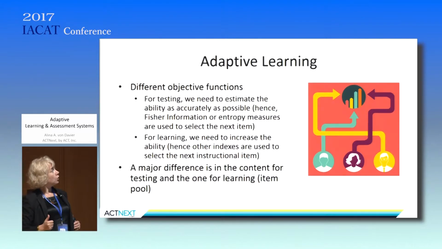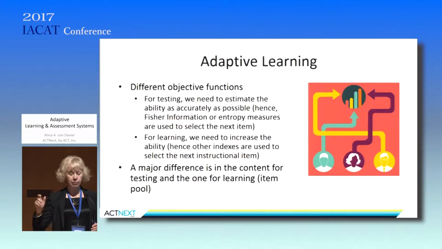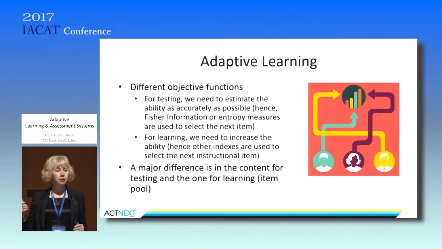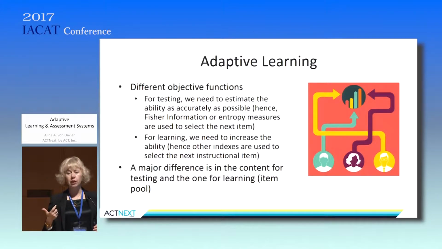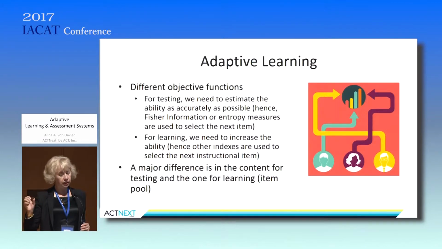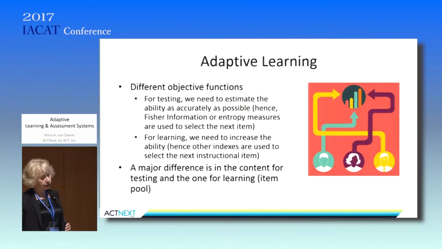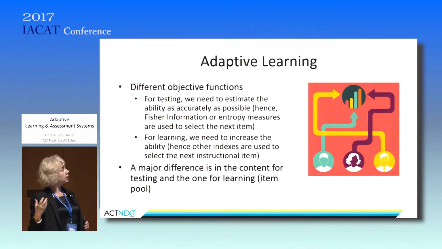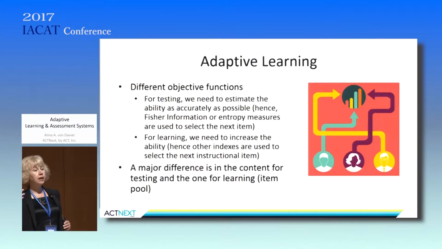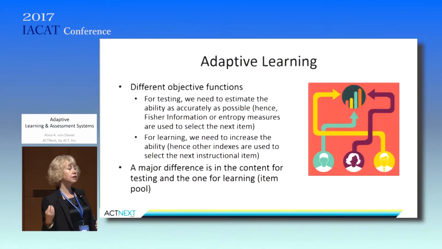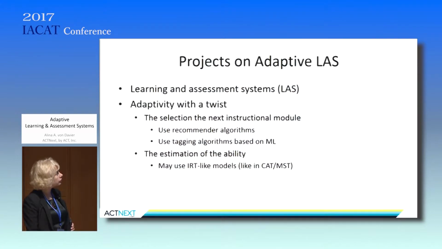But for learning, we actually need to increase the ability, so other types of indices are more useful for the purpose of learning. The major difference is also in the content for testing and for learning, because in terms of learning, you may want not just simple items, but more complex tasks that target particular misconceptions. So the content tends to be a big difference between the two.